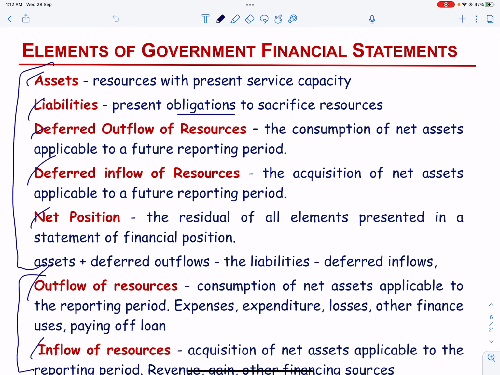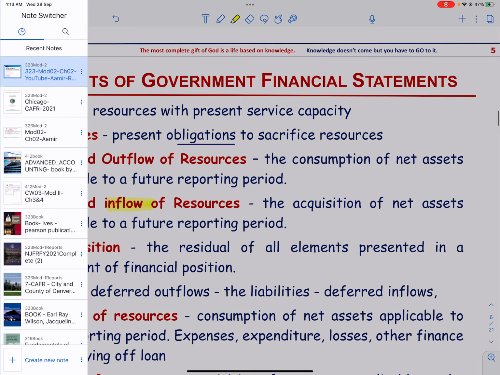The next element of government financial statements is deferred inflow of resources. And you won't be finding this element in the financial statements of a business either.